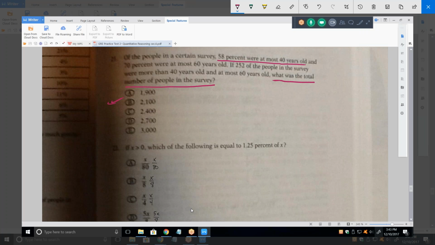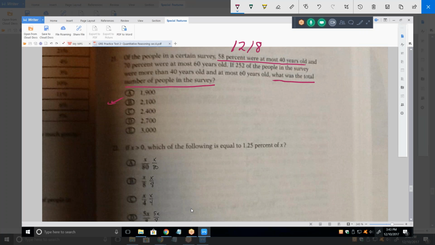Okay, hold on. 1,218? That does sound right.